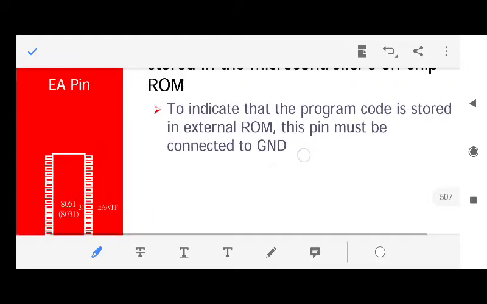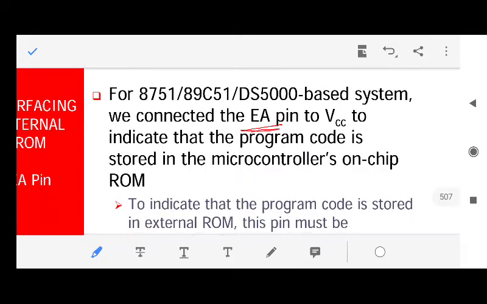What does this pin do? This pin is important when you are connecting the external memory. So the external access pin will say whether the external memory is connected or not. I'm sorry, it is not an output pin, it is an input pin.